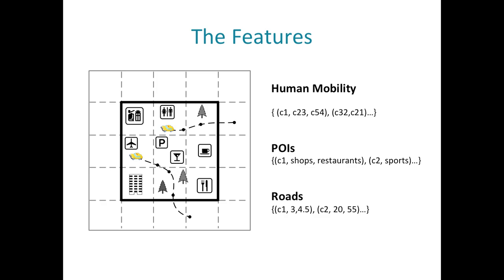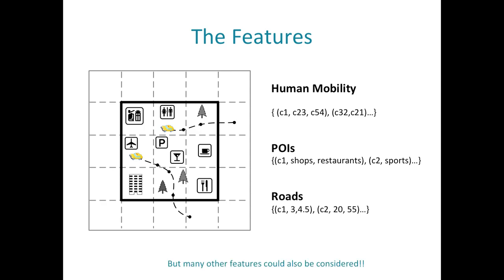With the data sets that I have described, we could extract human mobility, like people moving from one place to another, and we could model those from GPS data. We could also extract how roads are used from, for example, taxi data. There are taxi data sets out there, for example, for New York City. We could extract points of interest, and all those could be features, variables that we extract from the data sets.